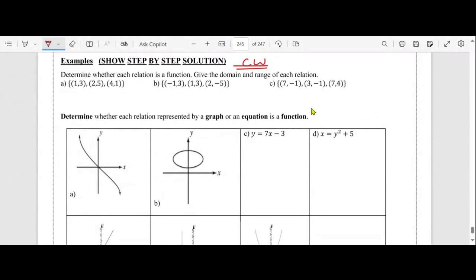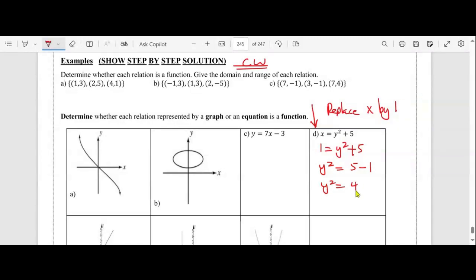Maybe this one, I just wanted to show it to you, okay? If I replace x by 1, for example, you get y squared plus 5. And then move the 5 to the other side, it becomes what? You get y squared equals 5 minus 1.